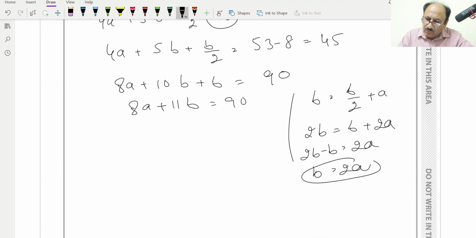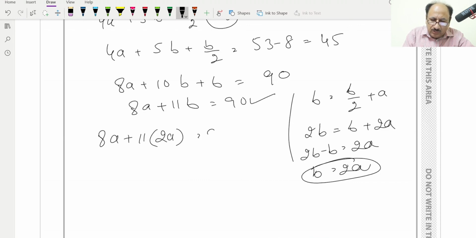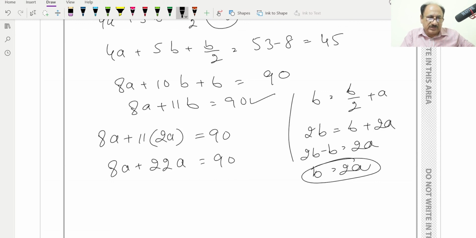Now B is equal to 2A, we will be putting in this equation and we will get 8A plus 11, instead of B we are writing 2A, is equal to 90, and we can simplify this. It will be 8A plus 22A is equal to 90, and 22 plus 8 will be what? 30. 30A is equal to 90.